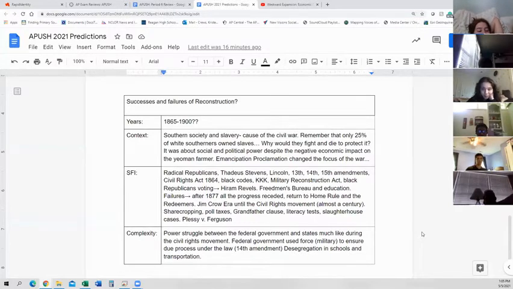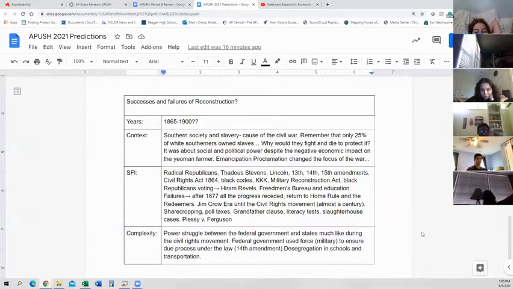As you start to look at it, you would start to think about brain dumping. What Reconstruction was, after the Civil War, the radical Republicans, people like Thaddeus Stevens, they're like, listen, the South is in shambles. We have ruined their economic institutions, their social institutions, their political institutions, and we have to put it back together.